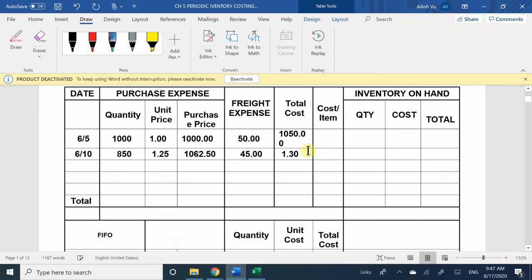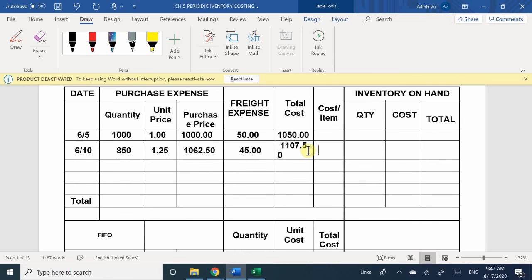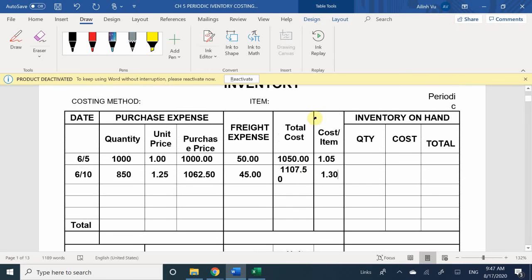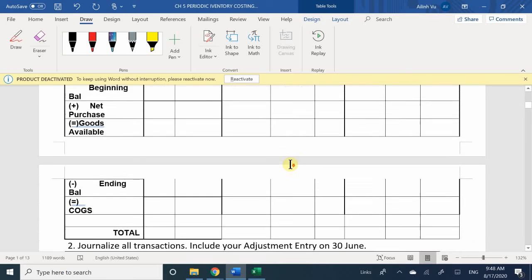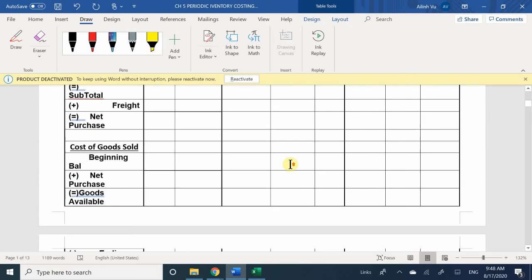Okay, $1107.50. Cost per item is 105. And this was 130. There you go. Okay, so good.